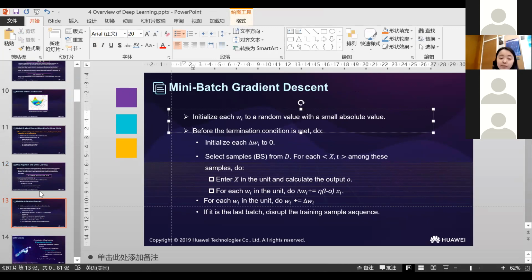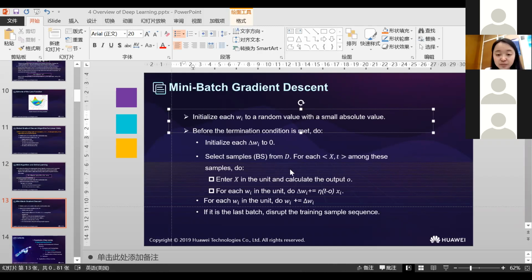That means every time when we calculate the gradient at this point, we will randomly pick a small batch of samples in the training dataset. That means we may randomly pick 16 samples, or we may randomly pick 32 samples. So here, the size of these mini batches, we call it batch size, and usually it's a hyperparameter.